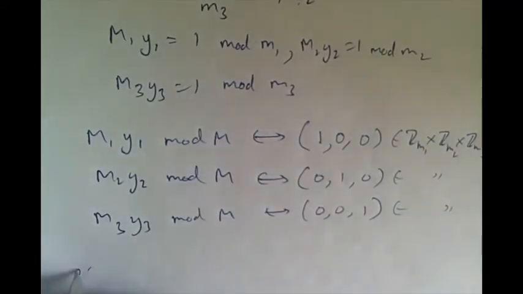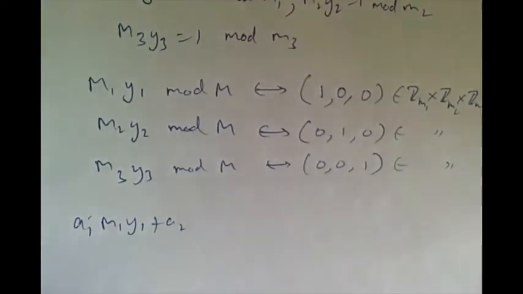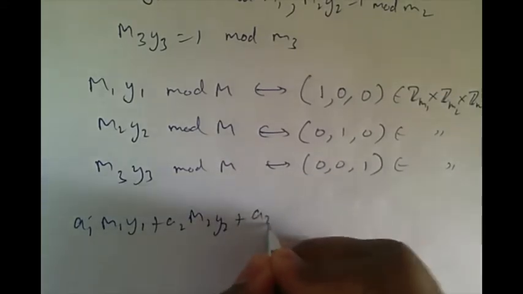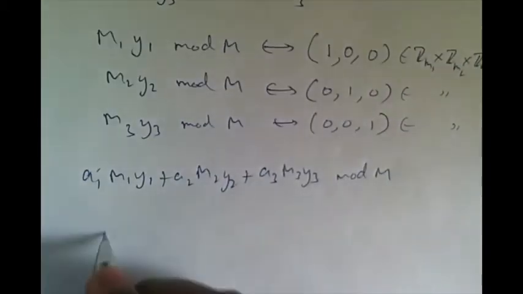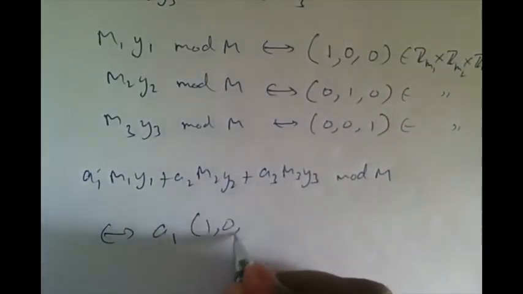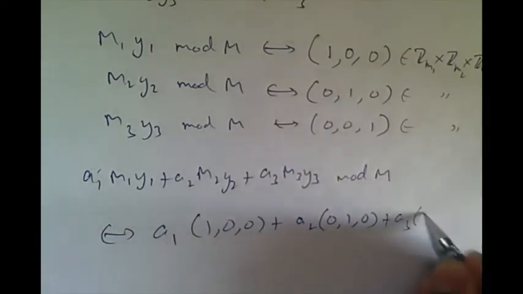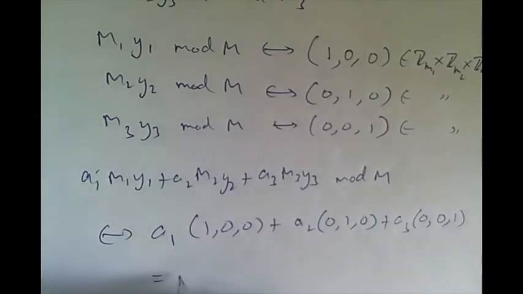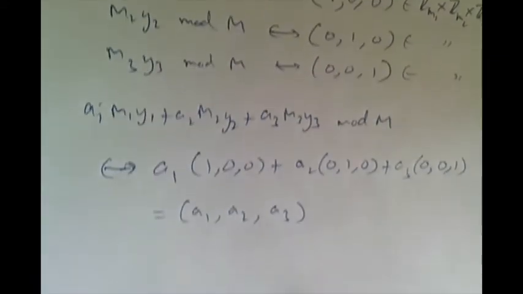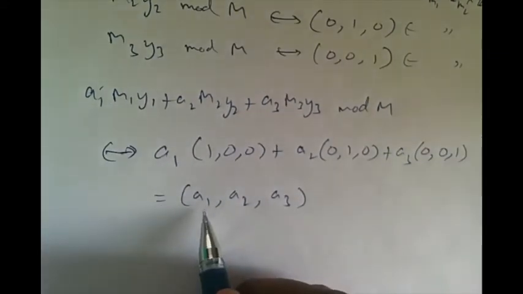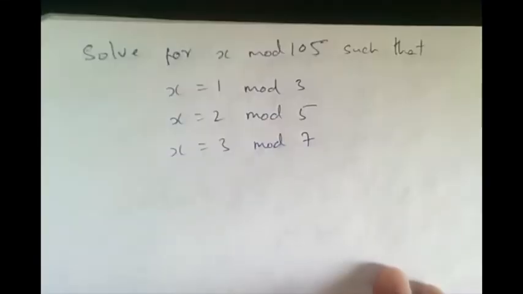Which means that a1 M1 y1 plus a2 M2 y2 plus a3 M3 y3 mod M will be congruent to a1 times (1, 0, 0) plus a2 times (0, 1, 0) plus a3 times (0, 0, 1), which is (a1, a2, a3). This means that x mod small m1 is a1, x mod small m2 is a2, and x mod small m3 is a3.